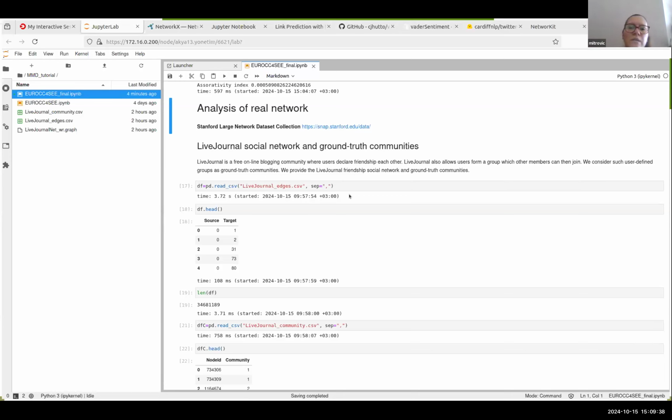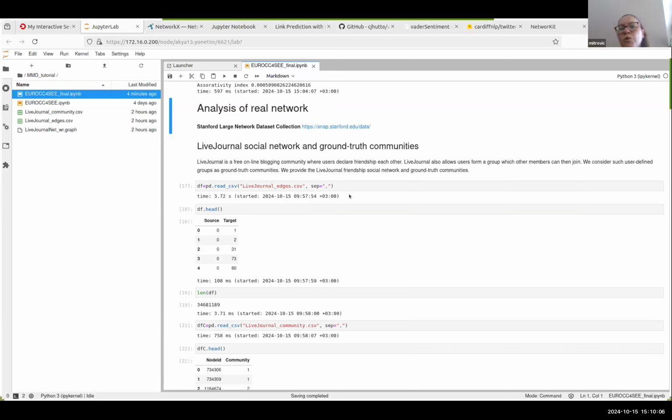What I used is a LiveJournal social network. This is a social network that has ground truth communities. I shared these ground truth communities with you too, but I'm not going to use them in this hands-on, because it takes a bit more time to relabel them and use these data to compare with real networks.